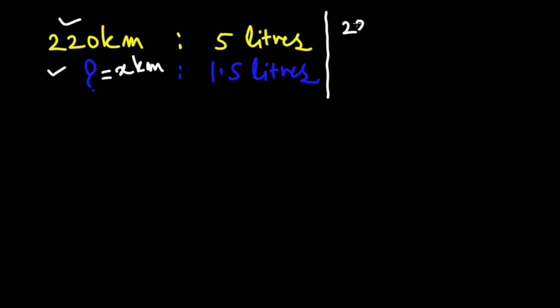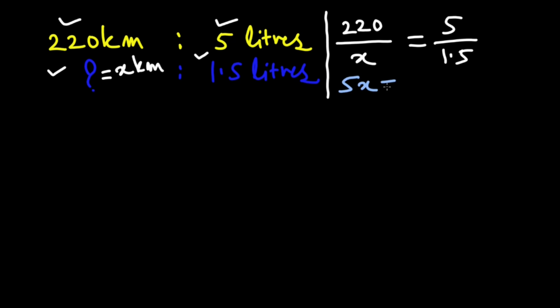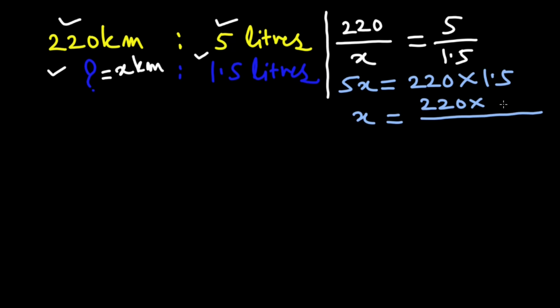So 220 ratio x equals, we will equate this ratio with ratio of quantity of petrol in liters, that is ratio of 5 and 1.5. Next we will cross multiply, so it will be 5x equals 220 multiplied by 1.5. So x will be 220 multiplied by 1.5 divided by 5.